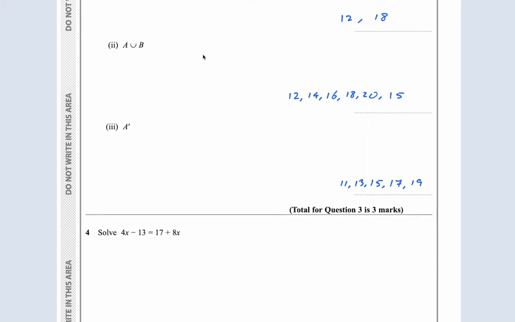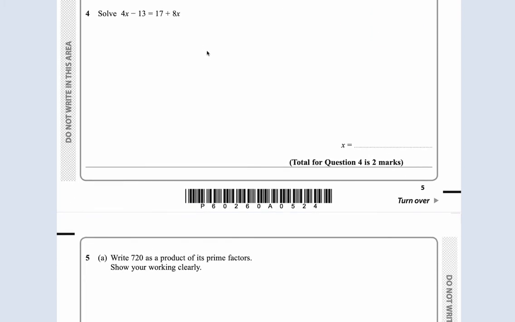Okay, next question. Solve this, right? So guys, I think I'm going to get my x's on the right just to avoid a negative x, but it doesn't make a difference. Or I could do it on the left, guys, just to show you it's the same.